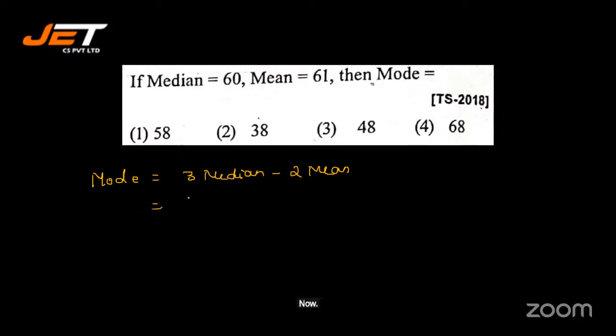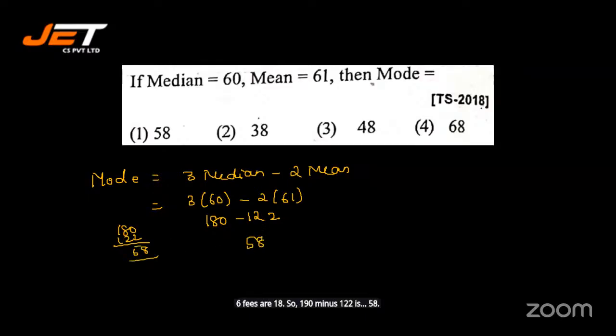Now that's what they're asking us. So mode is equal to 3 times of 60 minus 2 times of 61. So 180 minus 122. Isn't it? 2 ones are 2, 2 6 are 12. 6 threes are 18. So 180 minus 122 is 58. So your answer must be option 1.